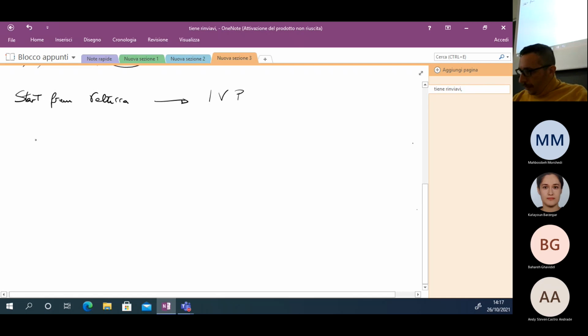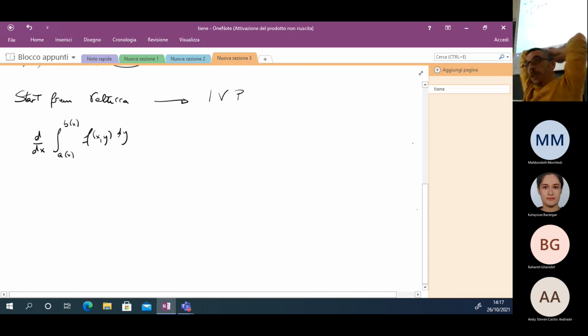So the Leibniz rule allows you to find the derivative with respect to x of the integral of some function f of x and y, dy, when the extremes of integration are themselves functions of x.